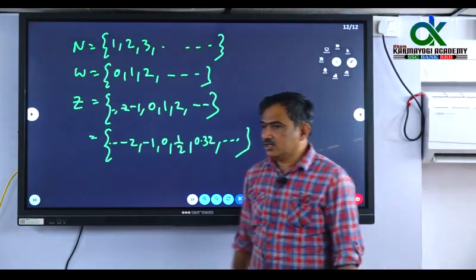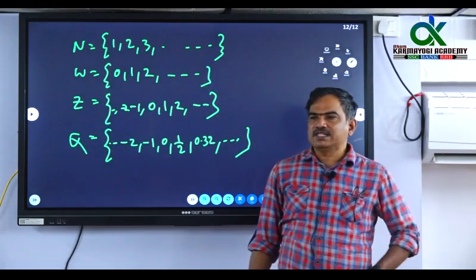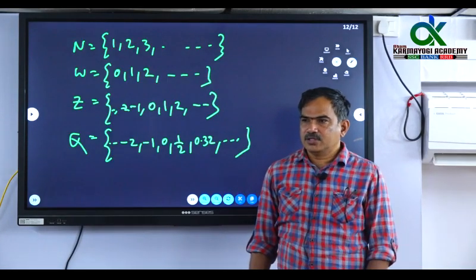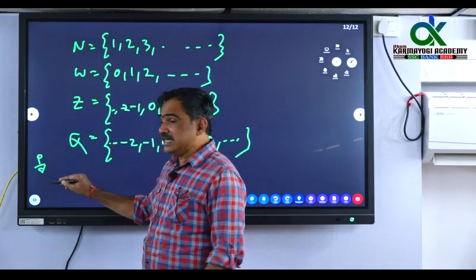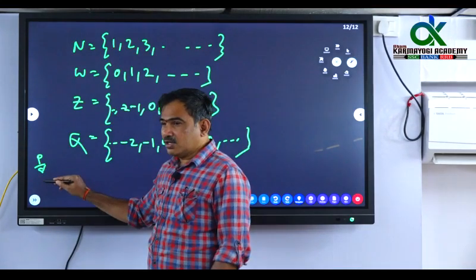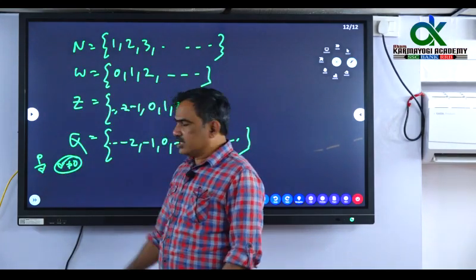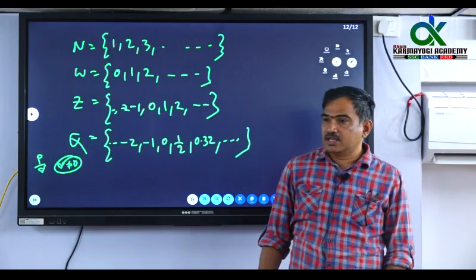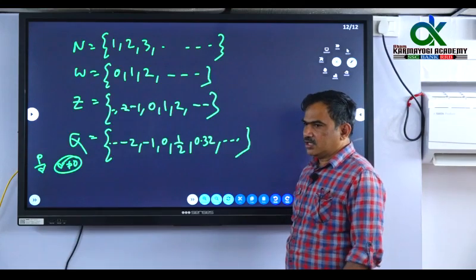It is denoted by Q. What is a rational number? Any number in the form of P by Q, where P and Q are integers and Q not equal to 0 is called a rational number.